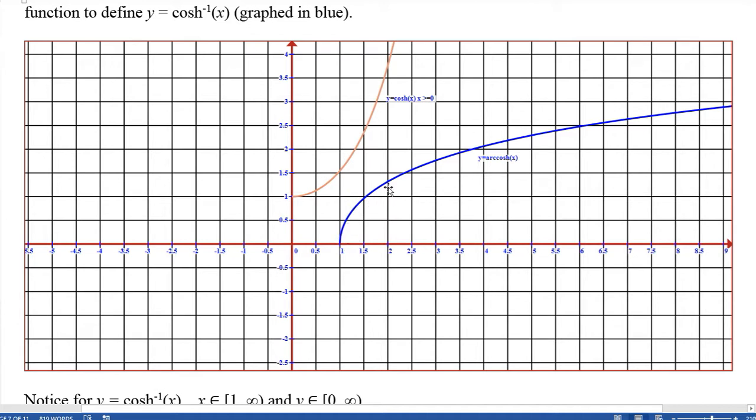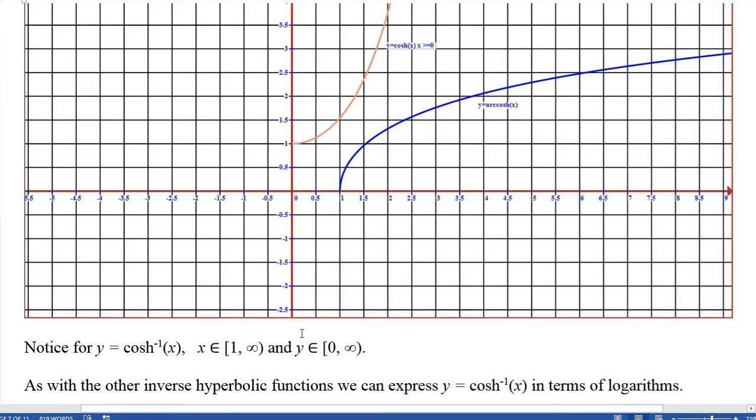And then the inverse cosh of x is this graph right here, which has positive y's. And of course, x is from 1 to infinity, and y's go from 0 to infinity. And so that's what we mean by cosh inverse of x. It's not truly an inverse of cosh of x, but an inverse of a restricted version.